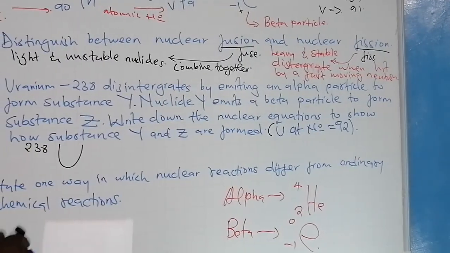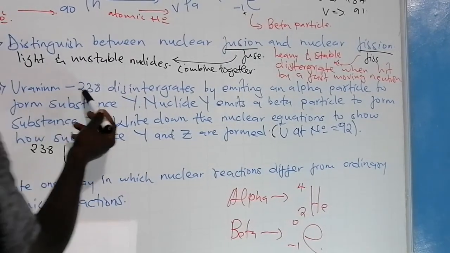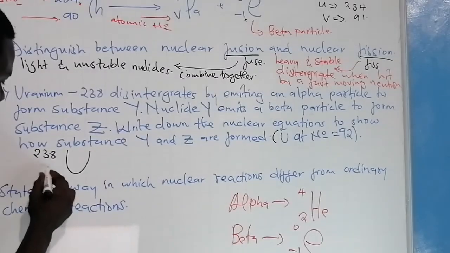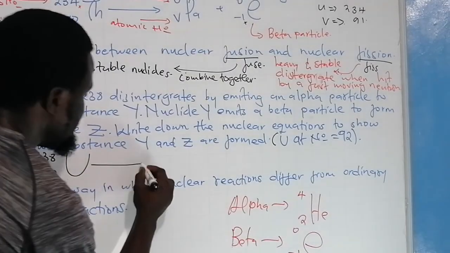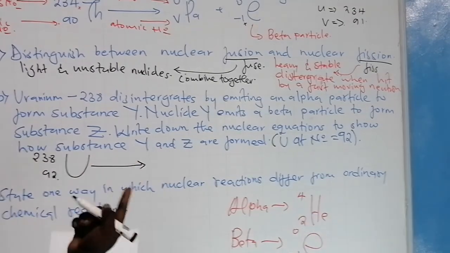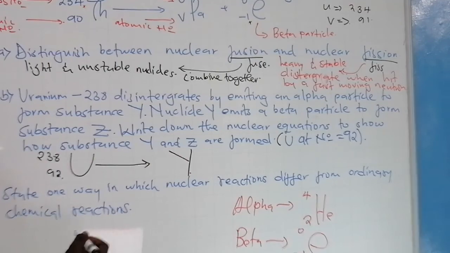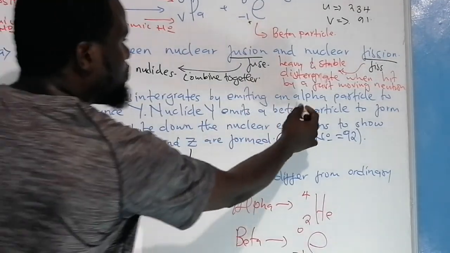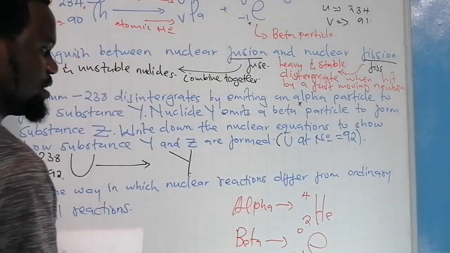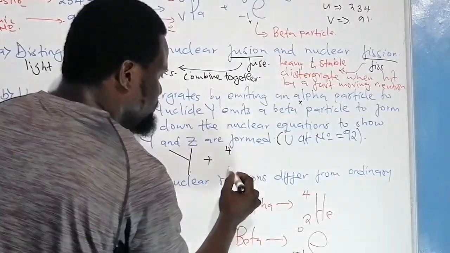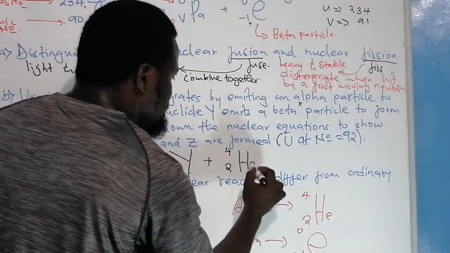It therefore means that if you are given uranium 238, they actually mean the mass number, and the atomic number is 92. When it disintegrates, we've been told that it forms substance Y, and substance Y is formed when an alpha particle is released. And when an alpha particle is released, we have 4, 2, and helium.